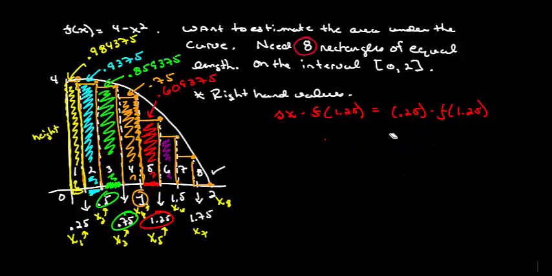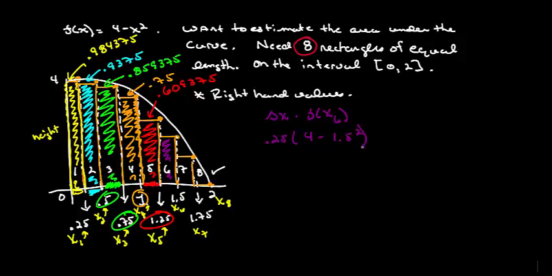Okay, we'll go ahead and erase that to give us some room again. So rectangle number 6, I'll do it in purple here. Base value 0.25 again. 4 minus the right-hand side of that base, which is 1.5, so we'll square that.